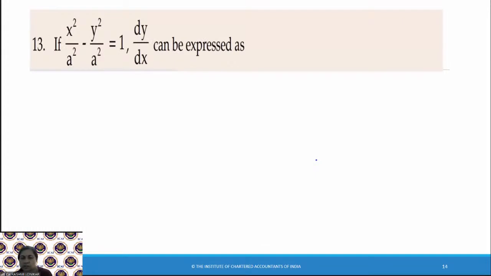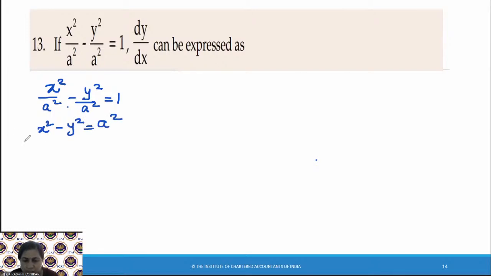Now we will take this one. x square upon a square minus y square upon a square is equal to 1. As you can see, in the denominator we have a square. So I will take a square onto the right hand side. So I will have x square minus y square is equal to a square.